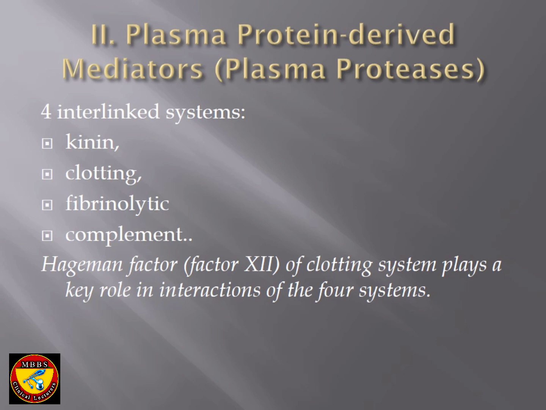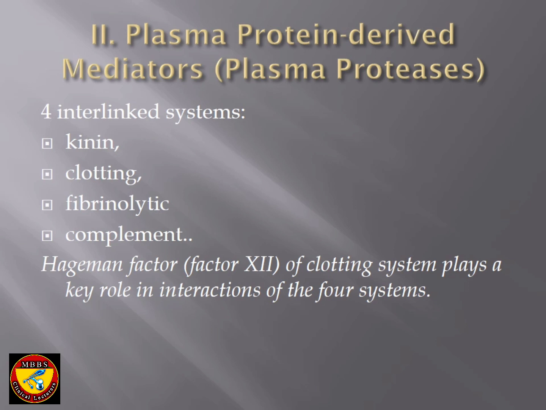The activation of factor 12 in vivo by contact with basement membrane and bacterial endotoxins, and in vitro with glass or kaolin, leads to activation of clotting, fibrinolytic and kinin systems, right? So these are the two activating routes. In vivo means when it is present in the body, and in vitro means when it is outside the body, right?